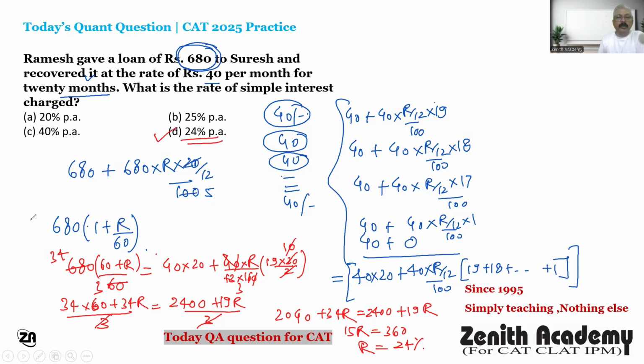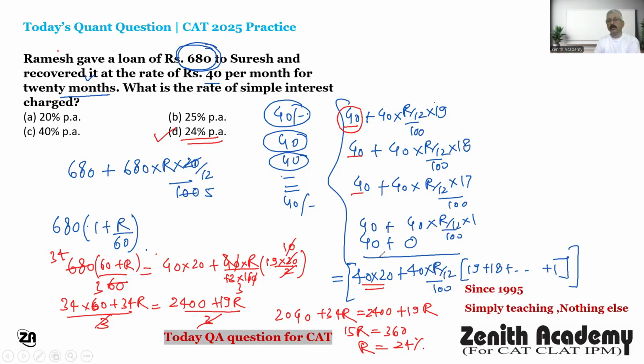You got me? Actually, in this question, when you are giving a 40 rupee installment for the next 20 months, it is 40 into 20, 800. But the first installment is with Ramesh, and this 40 rupees will generate simple interest every month, correct? And the second installment will generate simple interest continuously for the next 18 months, then the next 17. Similarly, the second last only for 1 month, and the last will definitely generate no interest.